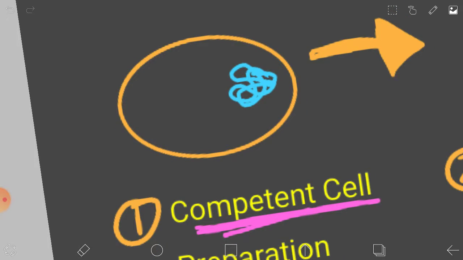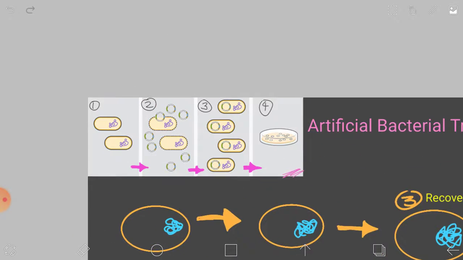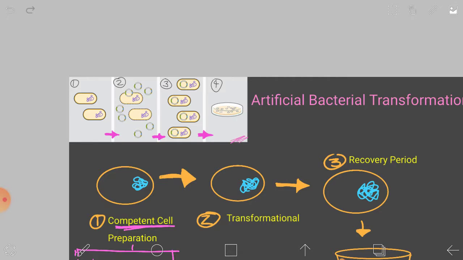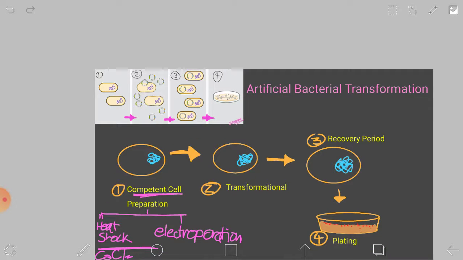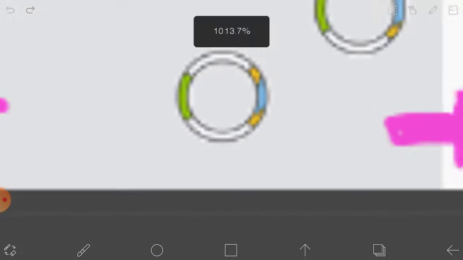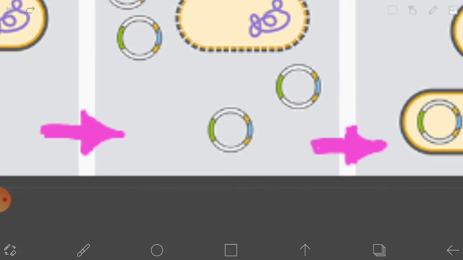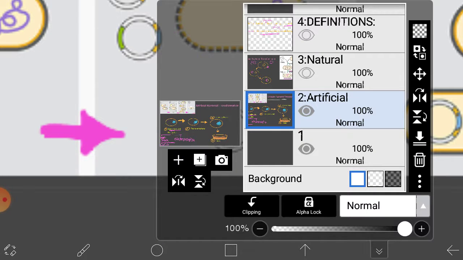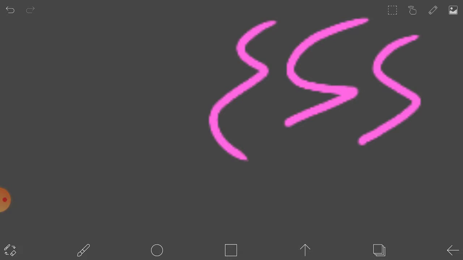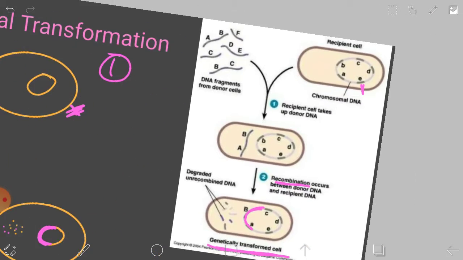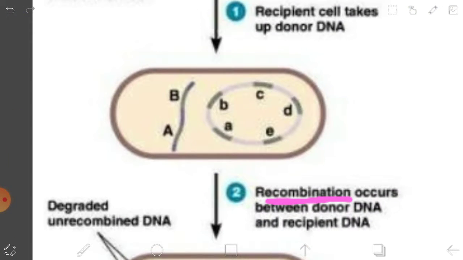Now you notice that in artificial bacterial transformation, you see all these circle things, right? Not like in the natural bacterial transformation, where you would just have all the DNA outside and just the sickle thing itself.